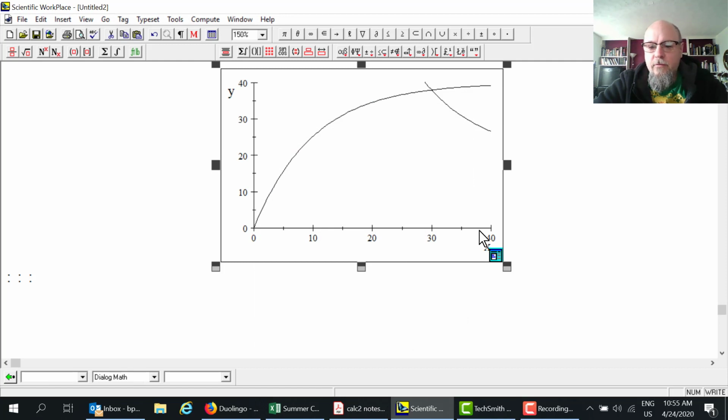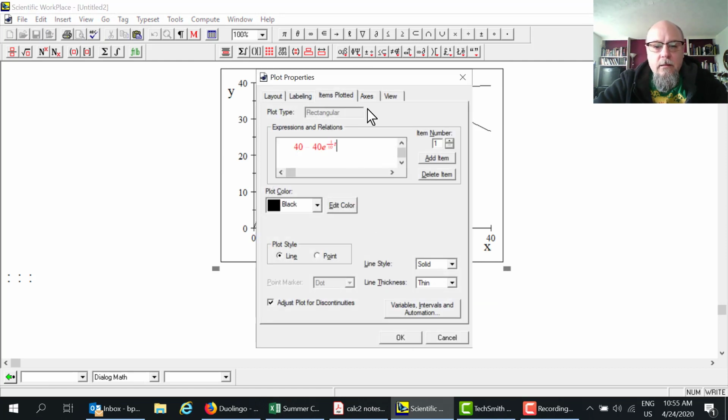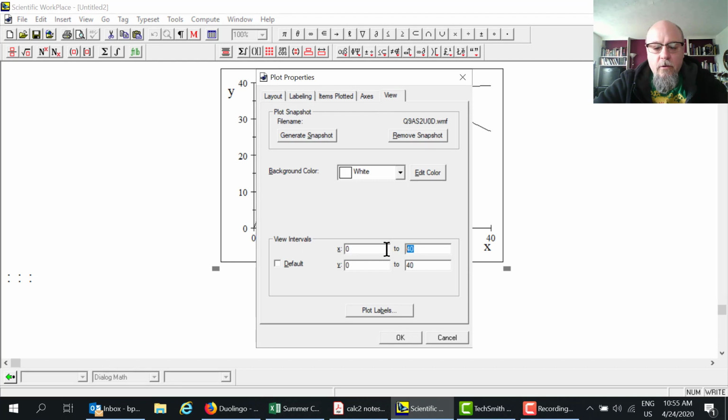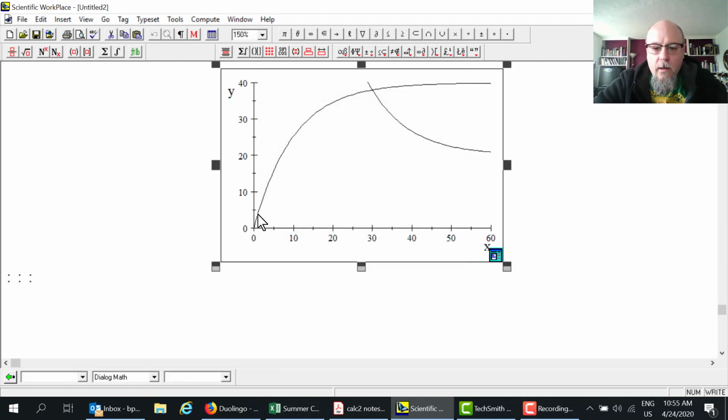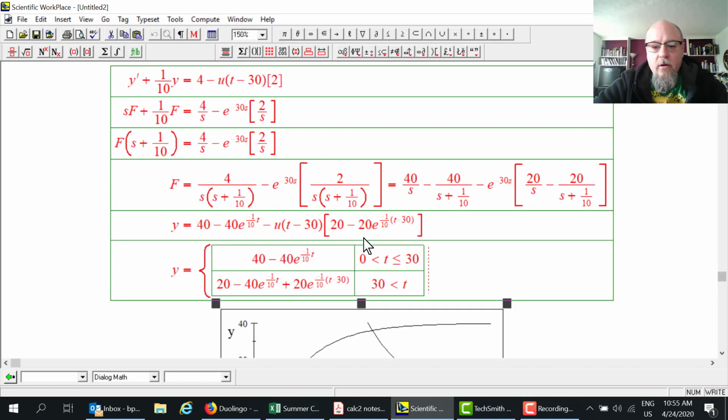There's the other function. Let's go to, I don't know, 60. We'll go a full hour. So this is the function I'm following until the switch happens, and now this is the function I'm following. Yeah, so the maximum must happen at 30. To get the bonus, all I've got to do is put 30 into either one of these equations because we made sure that they lined up. So the answer for the bonus would be 40 minus 40 e to the minus 3.